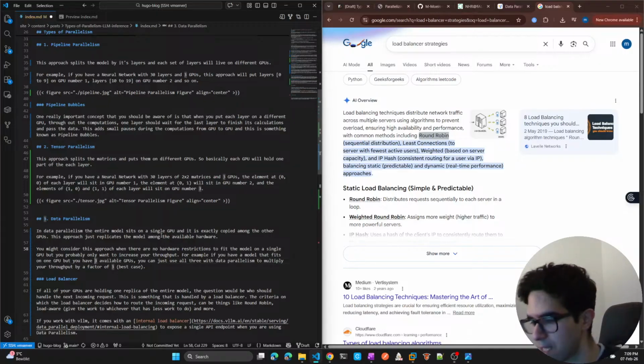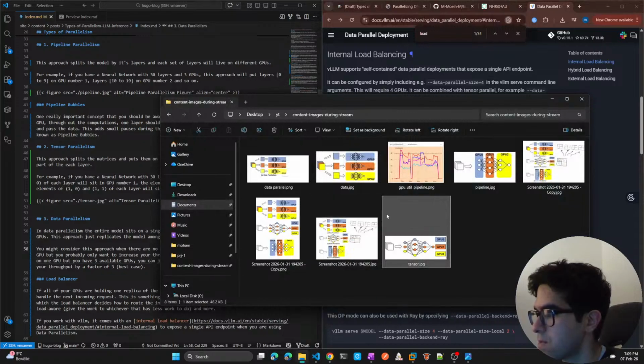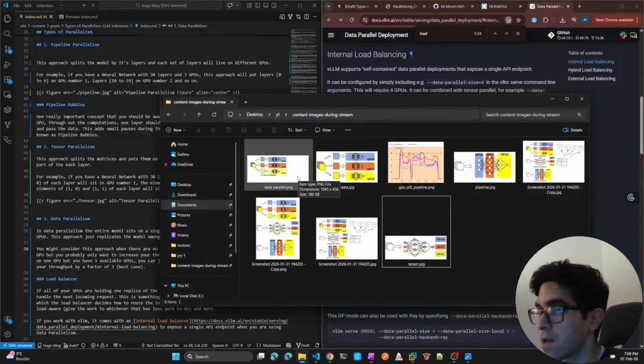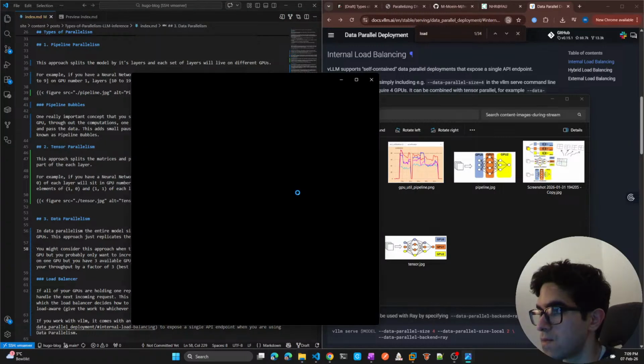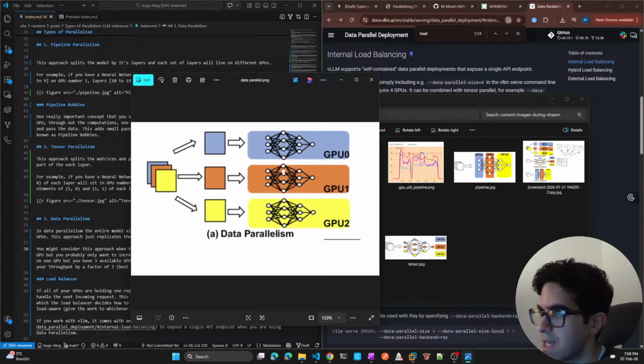So basically, in the picture, the entire model sits on your different GPUs.